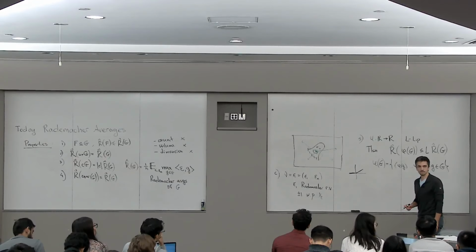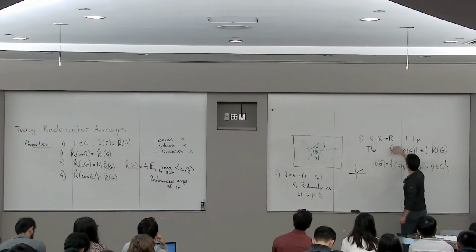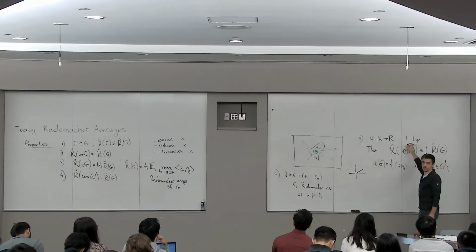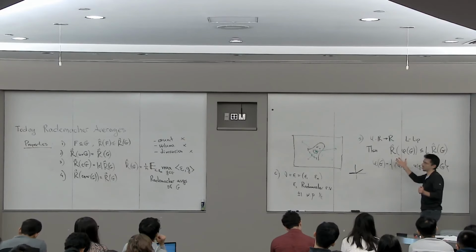So I guess the reason is I didn't get why the phi of G is a contraction. So being Lipschitz is not necessarily the same as contraction. Contraction means that phi of 0 is 0, and then the Lipschitz constant is less than 1, right? That's a contraction. This is like a generalization.